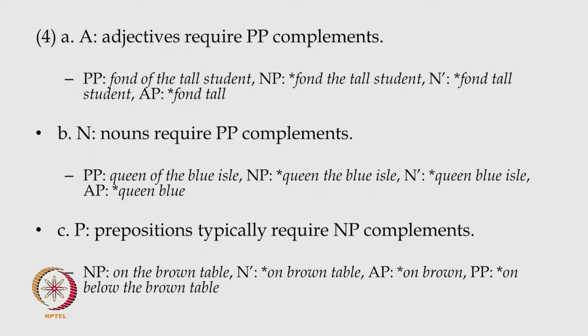And in that PP, of is the head. And what's the complement of this head? The tall student, right? Now, what is the tall student? NP, right? Fond is the adjective here. Fond is clearly an adjective. Now, the tall student is an NP, right?